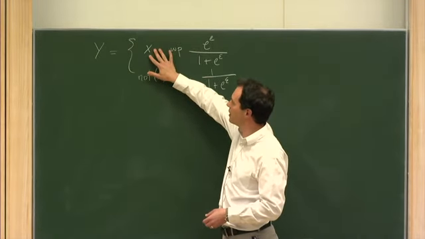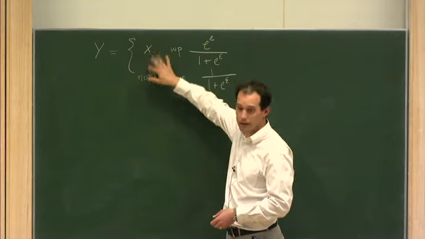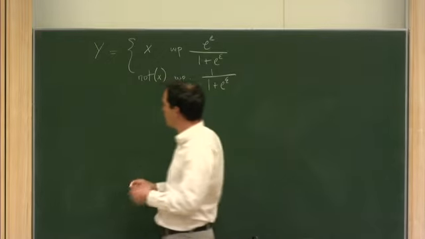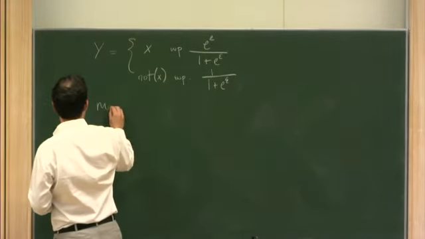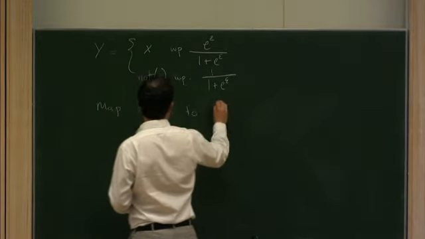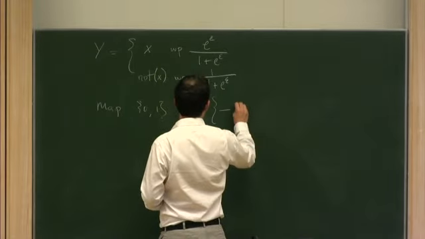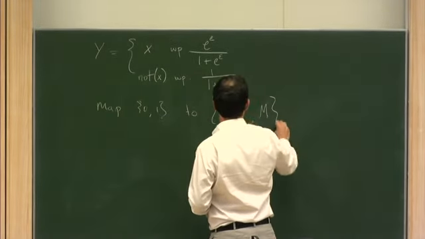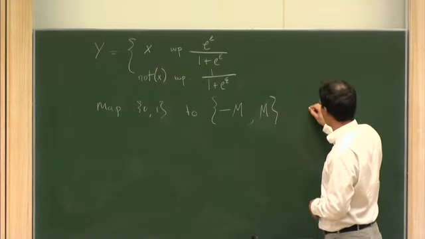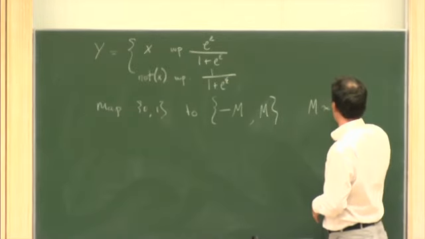Rather than interpreting the answers as 1 and 0, there's a way to map 0 and 1 to minus m and plus m, some number m, where m is about 1 over epsilon.